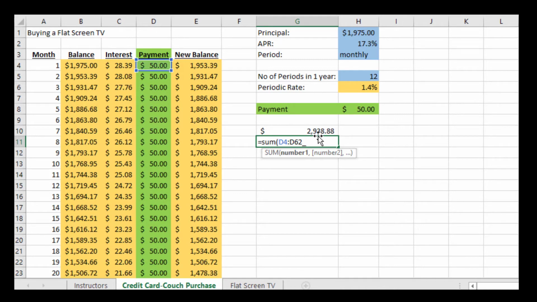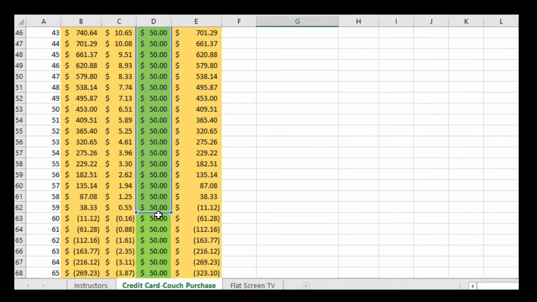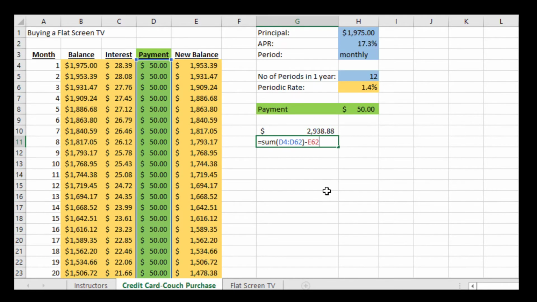So now what I could do is subtract the overpayment. But subtracting the overpayment is a double negative. I'm not so sure Excel's going to like that.